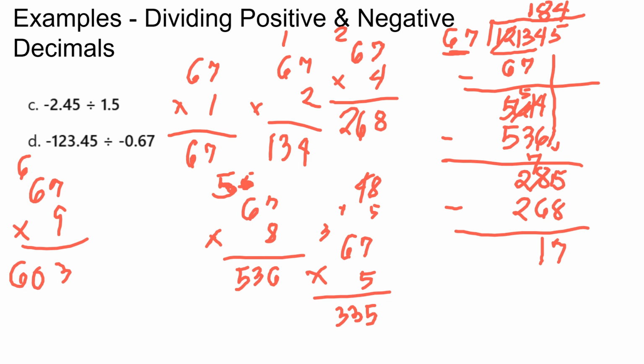So this time, how many 67s are there in 17? Of course, that's impossible. Now this time we will put a decimal point here, and we will add 0 beside 17, to be clear.